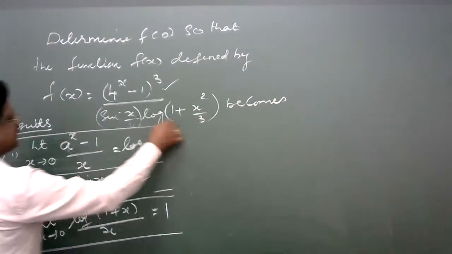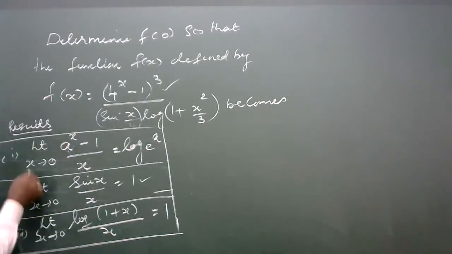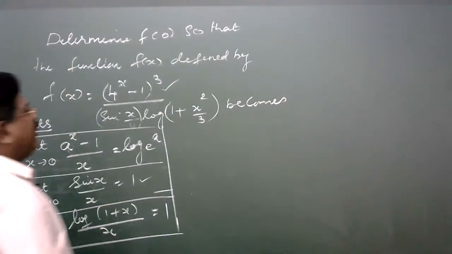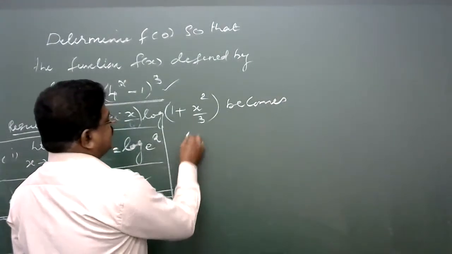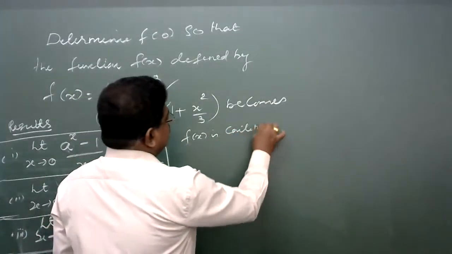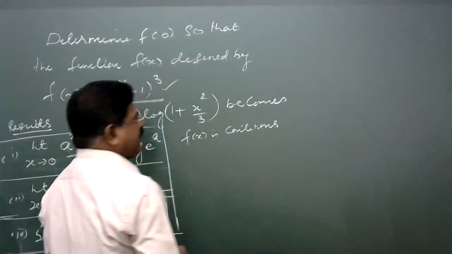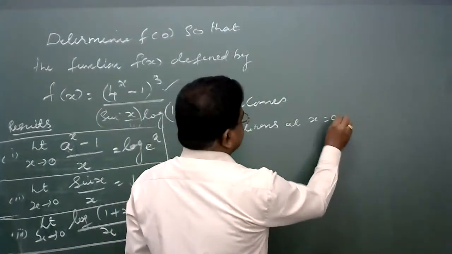So what else you have studied in 11th standard is very, very important for solving the problem. You are getting more scores in CBSE examination as well as your competitive examinations. Now let us come to this one. Here it is given that the function f of x is continuous at x is equal to 0.